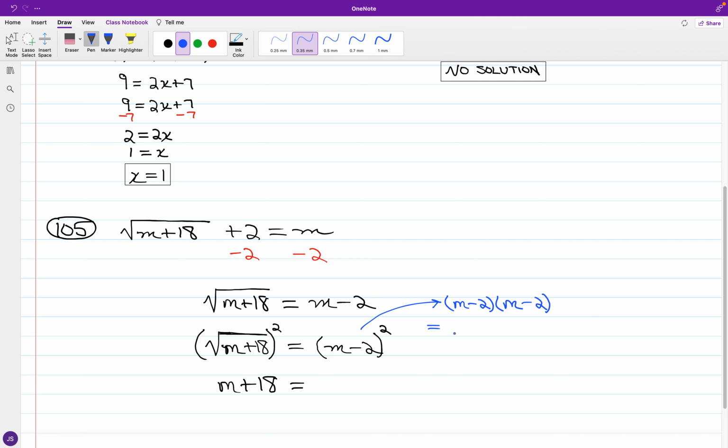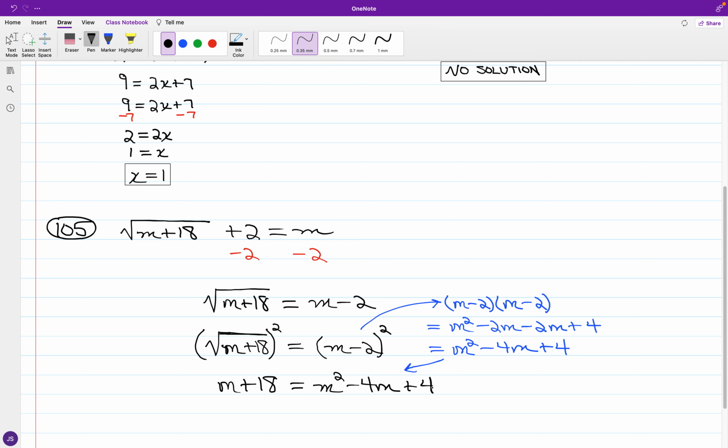Following through, we have m squared, and back-to-back identical outside and inside products with negative 2m and negative 2m, and combining, we have the trinomial m squared minus 4m plus 4. This will form the terms on the right hand side. So we have the establishment of a quadratic equation.